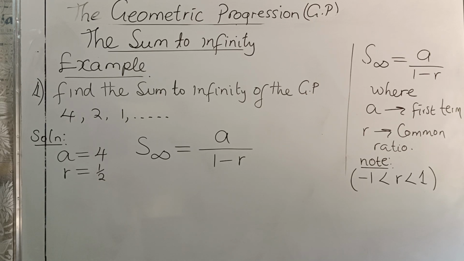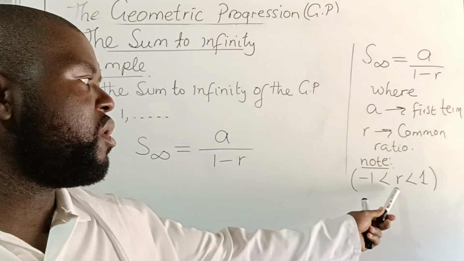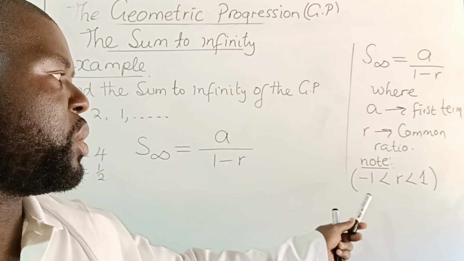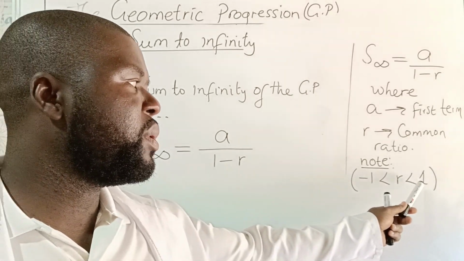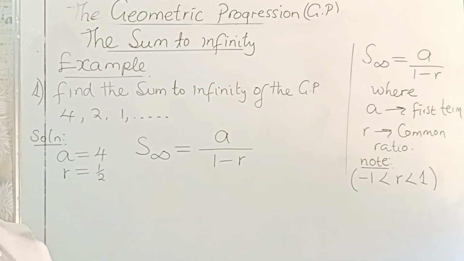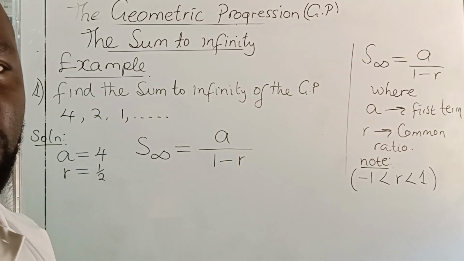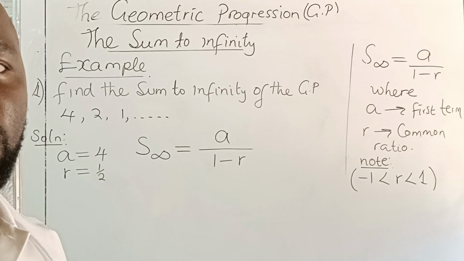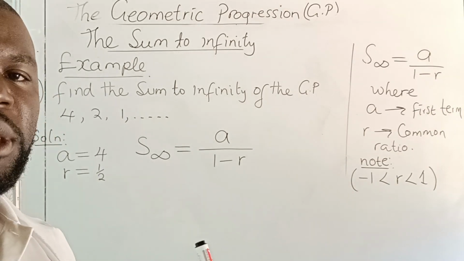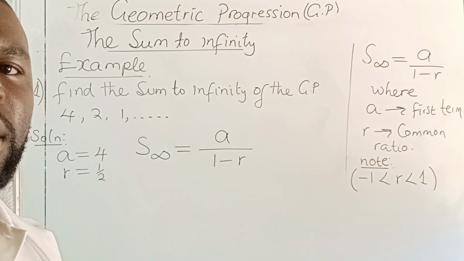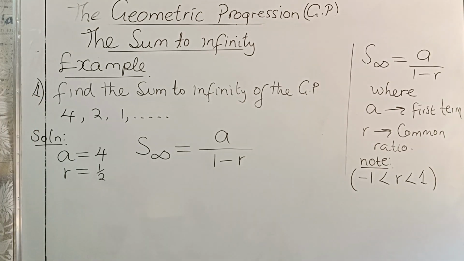But before we do any calculations, we need to be aware that our common ratio should be between -1 and +1. In other words, it should not be -1 or +1, but should be a number between -1 and +1.